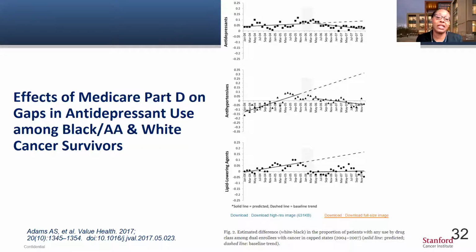We saw a trend towards increasing disparities across the board that was basically cut short by the implementation of Part D. So for those in drug cap states specifically, when we looked at Blacks and whites, the implementation of Part D resulted in a reduction in disparities between Blacks and whites in the utilization of non-cancer drugs among those with cancer and non-cancer related comorbidities. This was dramatic and happened across all three conditions, but was particularly dramatic for antihypertensives, antidepressants, and statins or lipid-lowering drugs. Next slide, please.